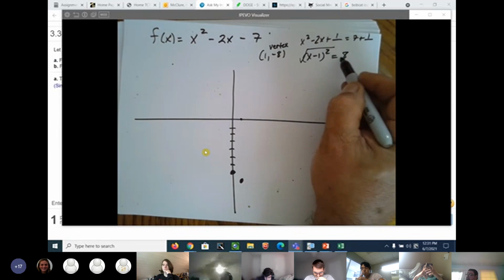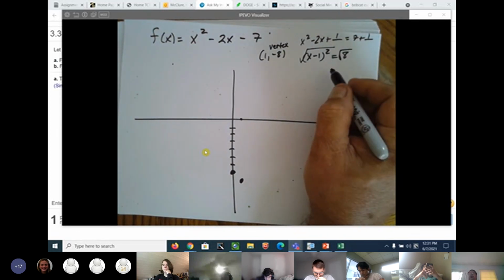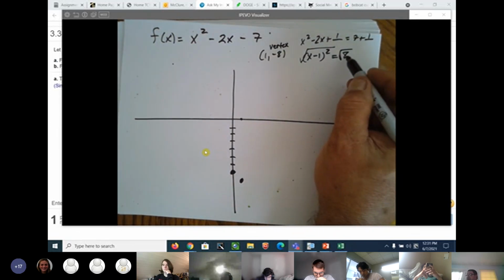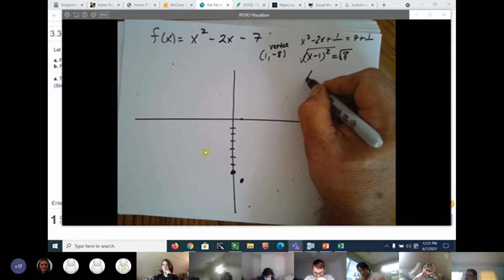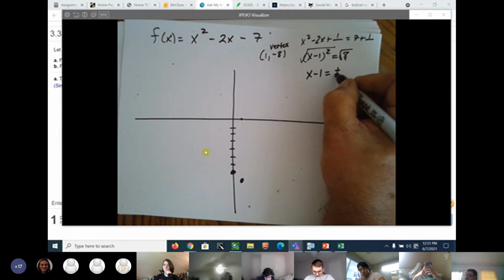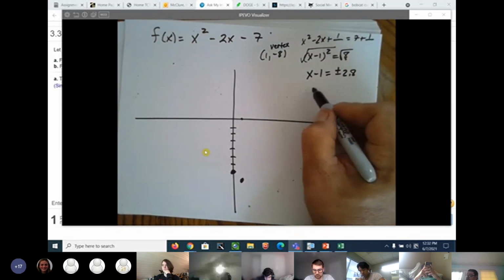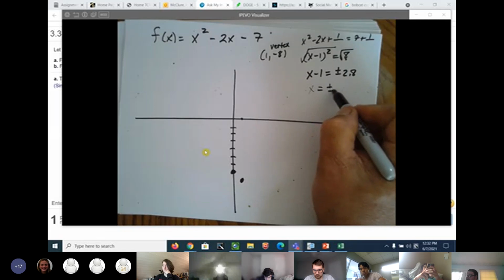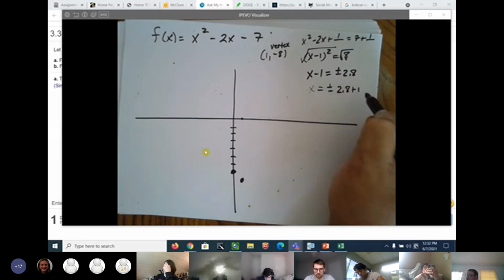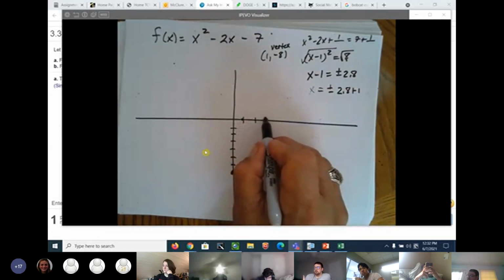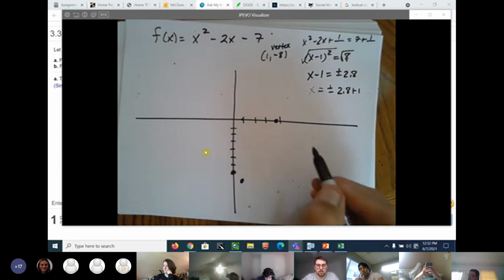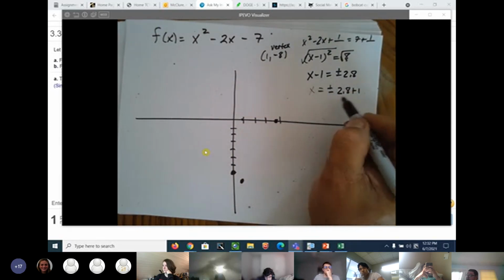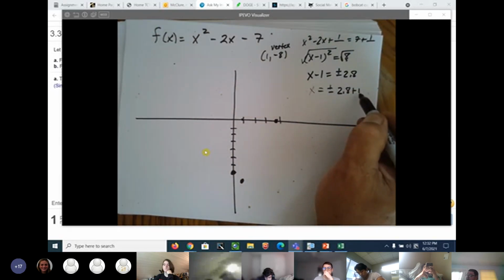Square root of both sides. So x minus 1 is equal to positive or negative 2.8. X is equal to positive or negative 2.8 plus 1. It's going to be 3.8 and negative 1.8.